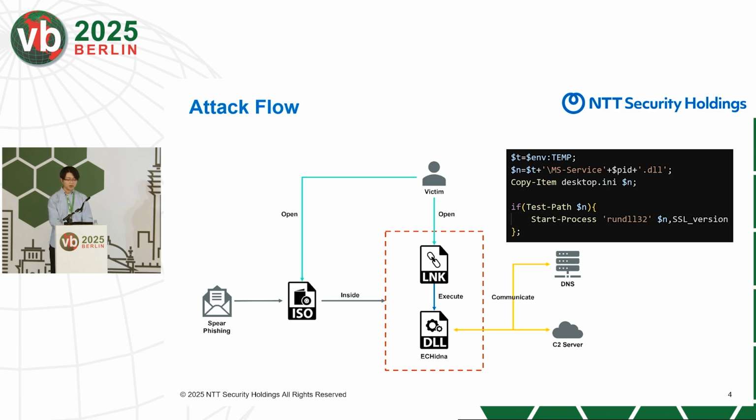It unpacks another program directly in memory. That program is our remote access tool called ECHidna. ECHidna uses Encrypted Client Hello, ECH, so we cannot see the real server name in the traffic. Next, we will look deeper into how the loader works and how we can still detect this activity.